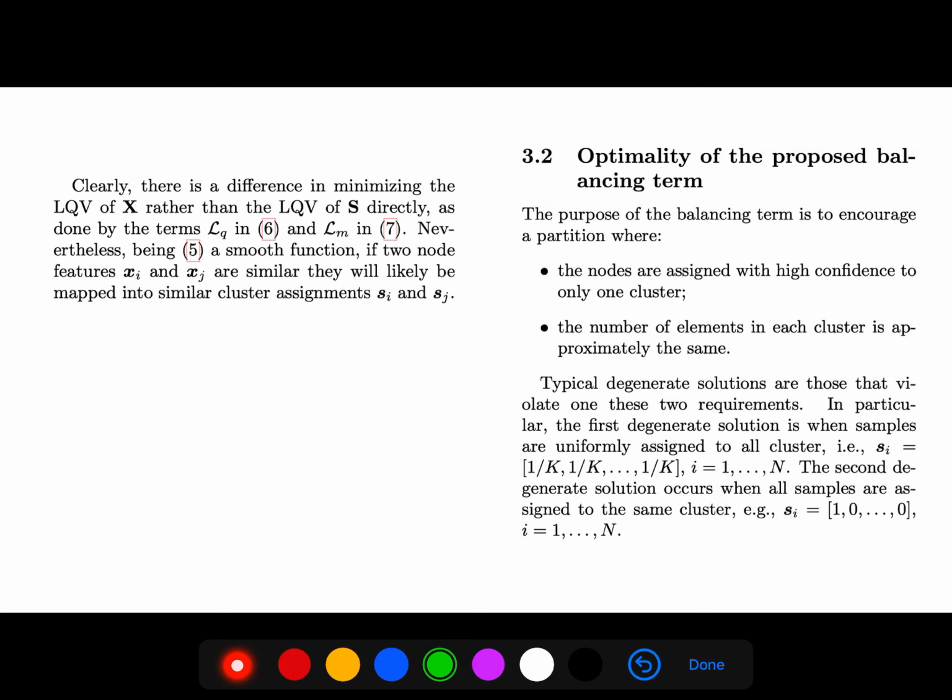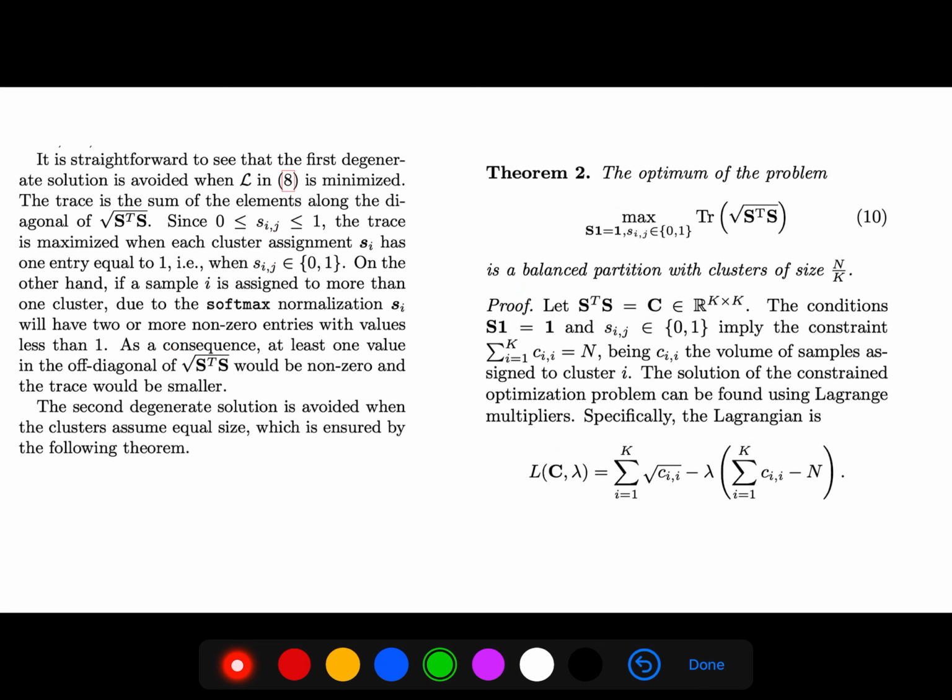So the purpose of the balancing term is to encourage a partition where the nodes are assigned with high confidence to only one cluster and the number of elements in each cluster is approximately the same. And they have a theorem that the optimum of this trace is a balanced partition with clusters of size n over k.